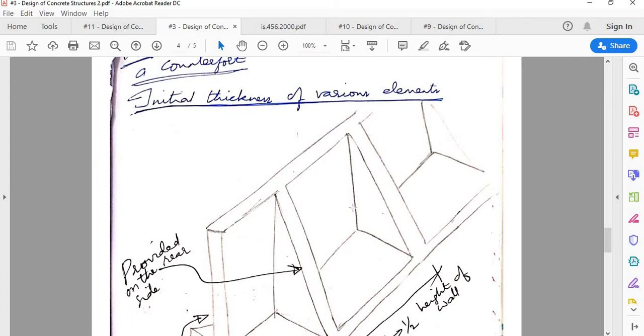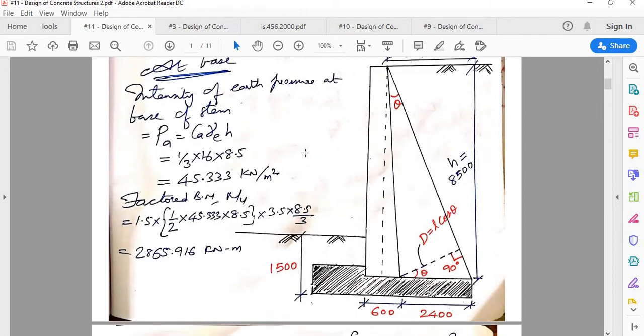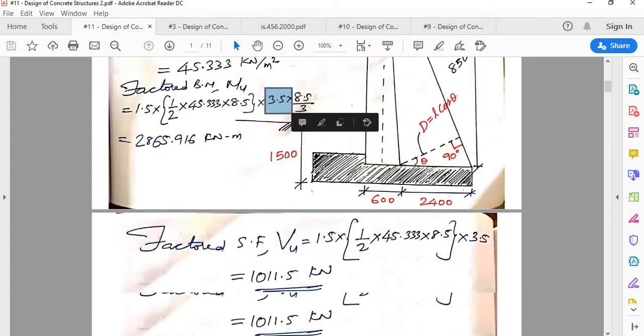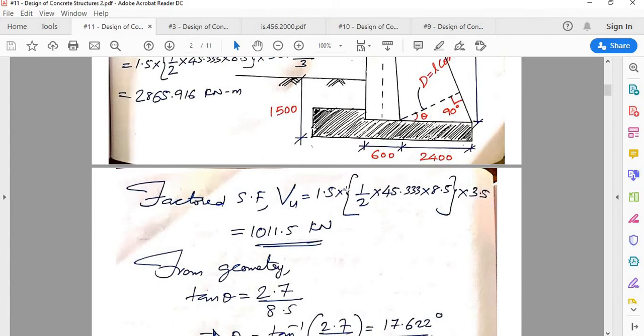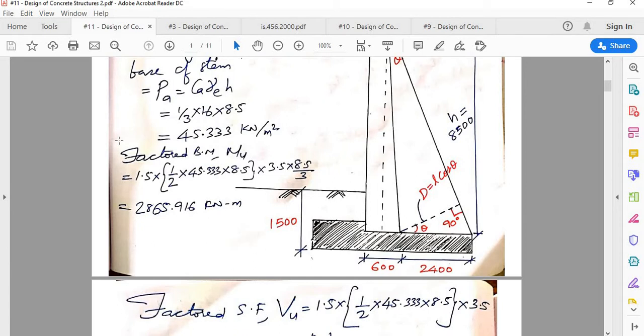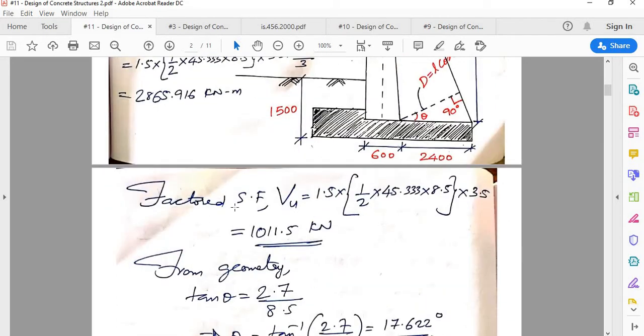So the center to center distance between counterforts is 3.5 meter. You can't consider unit length; you have to consider the center to center spacing between counterforts. Using a factor of safety of 1.5, you can calculate the factored bending moment and factored shear force.